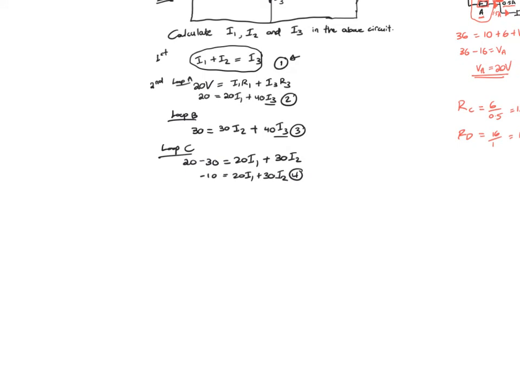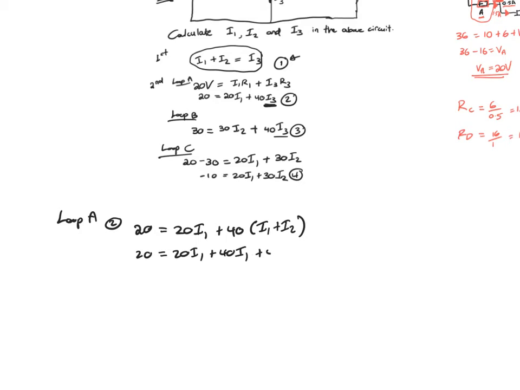I'll start with loop A, which is going to be 20 is equal to 20 I1, so equation 2 basically, plus 40, and now I have I3 here. I will replace it with I1 plus I2. So that leaves me with 20 is equal to 20 I1 plus 40 I1 plus 40 I2. That means 20 is equal to 60 I1 plus 40 I2.